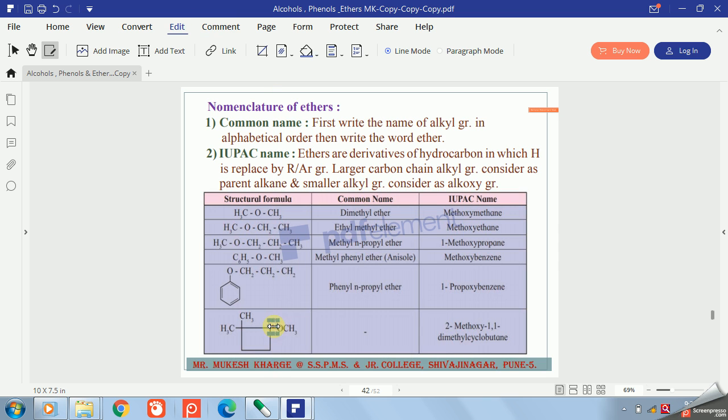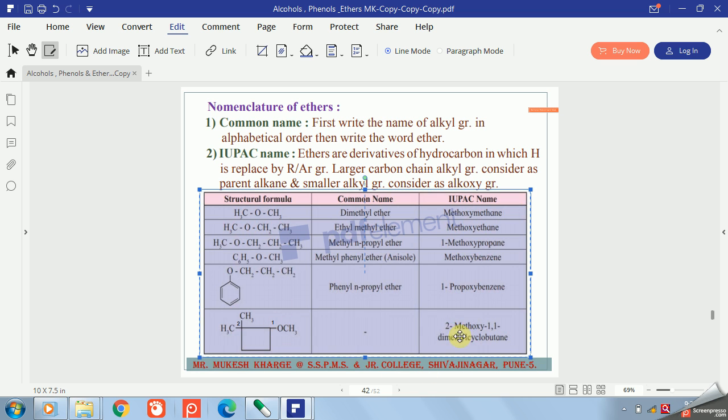This is carbon number 1 and this is carbon number 2, because the functional group is present on this carbon, so this carbon is carbon number 1.